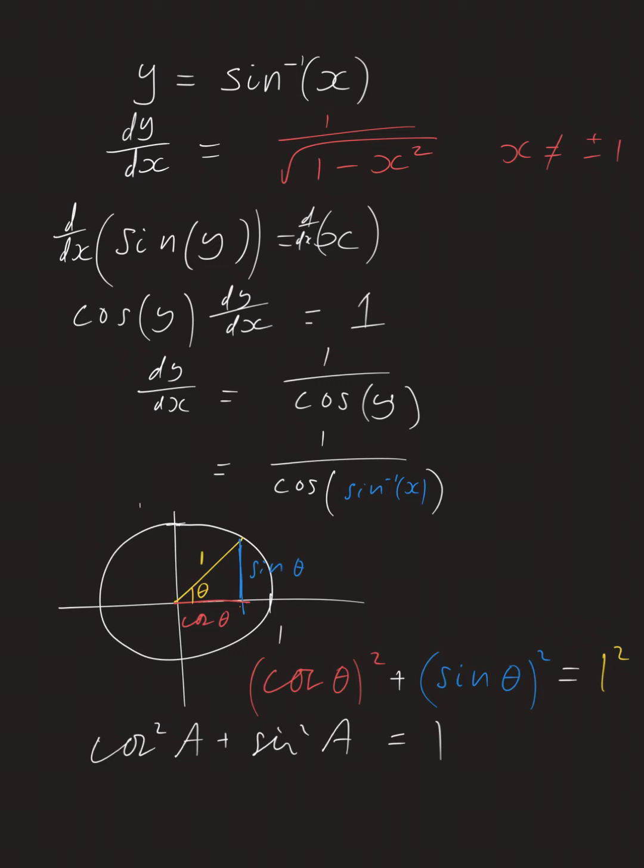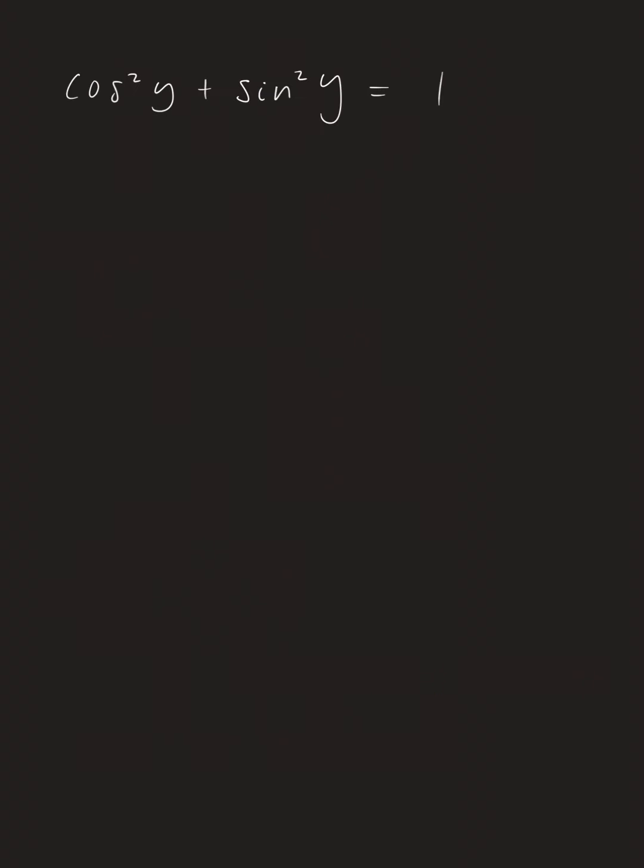So we have dy dx is 1 over cosine of y. But if we could write this in terms of sine of y, well, sine of y is just x. So then we'd have it in terms of x, and hopefully in a neater form than this ridiculous thing. So here's that formula applied to y. So cosine squared y plus sine squared y is 1.